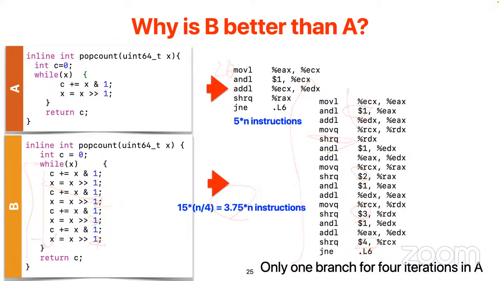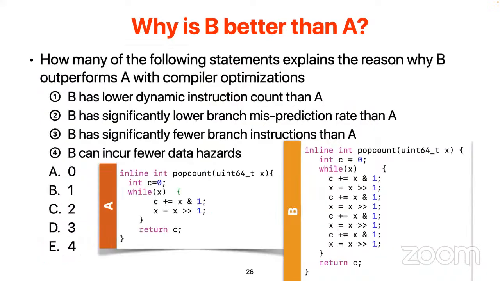So that's how you actually get better performance. One thing that you guys forget is that if we have a significantly lower number of branch instructions, it also means that we reduce the dynamic instruction count.